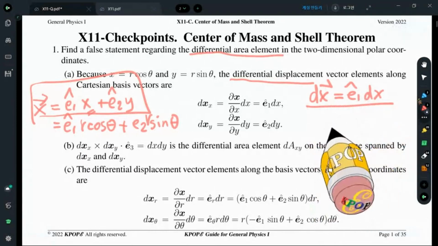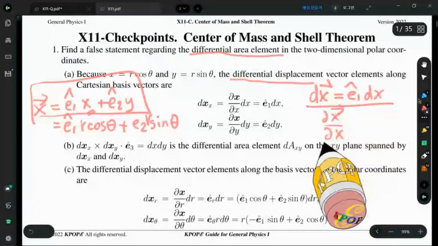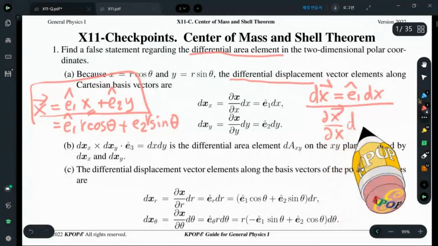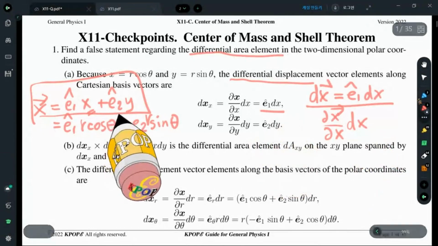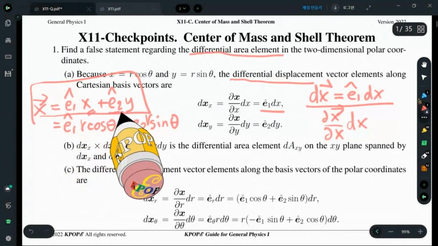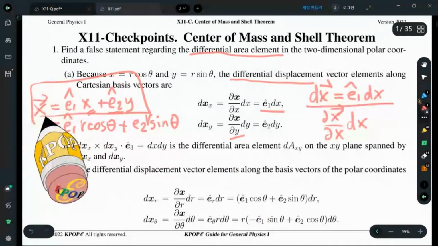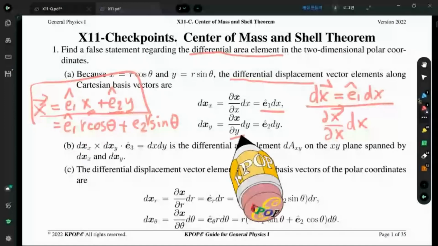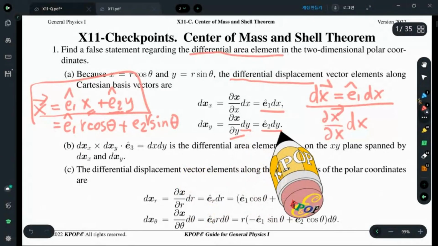How can I find this? It is just taking the partial derivative of the position vector and multiplying by the differential of that variable. And if I want to find the displacement along the y-axis, then I take the partial derivative with respect to y of the position vector and multiply by dy. That is just this.